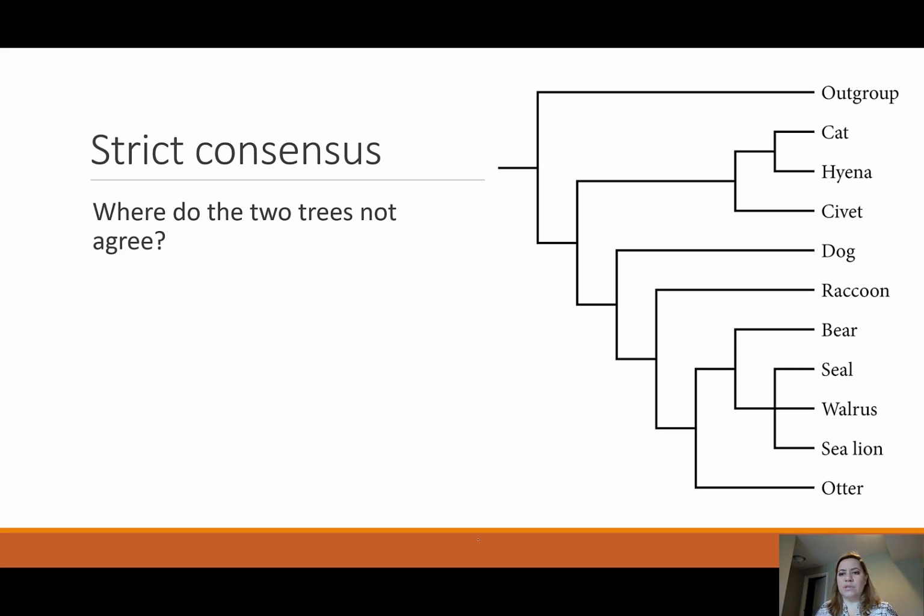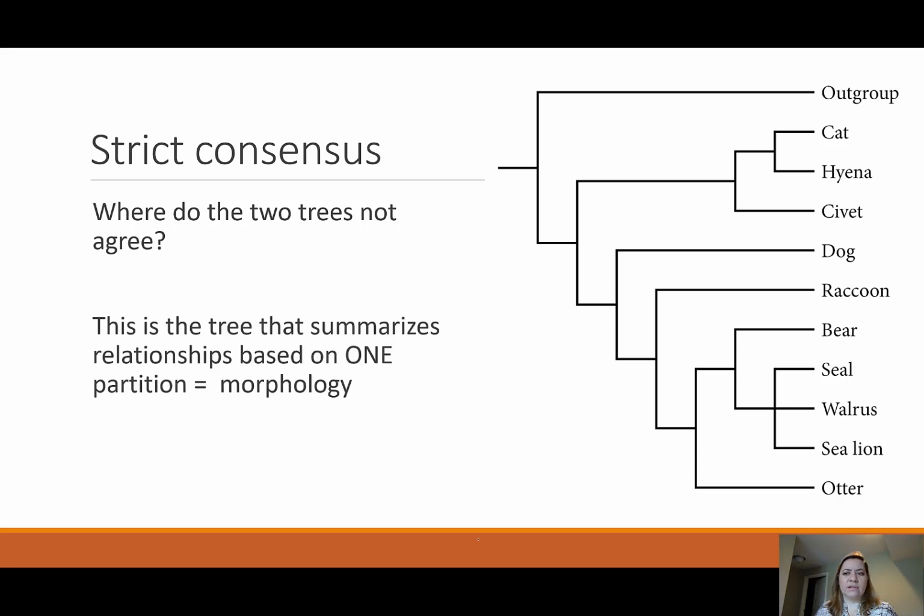The only place where we see disagreement was with the seal walrus sea lion clade. All right. And what I want you all to remember here is that this tree right here is the one tree for morphology that kind of brings all of our morphological data together. So we're going to use this tree in a couple of slides here after we look at the molecules.